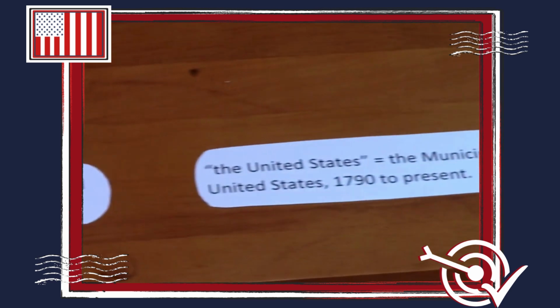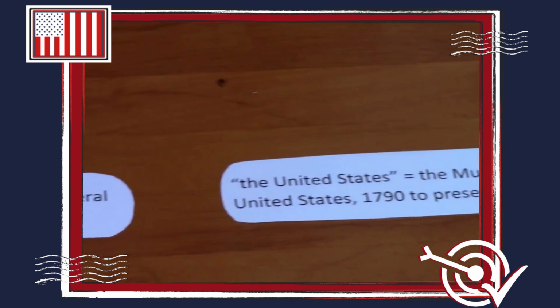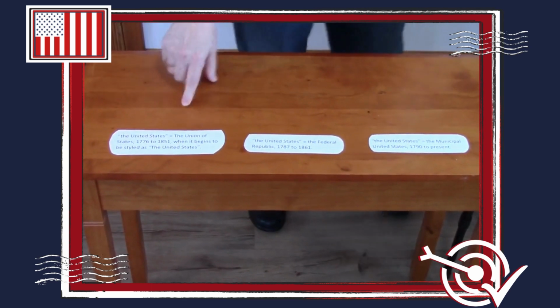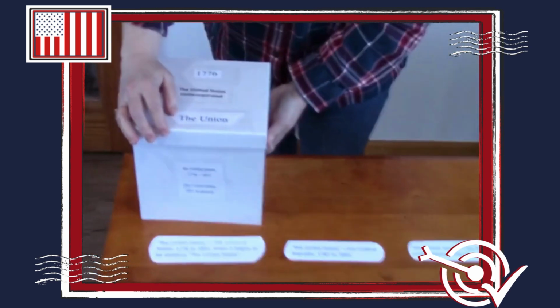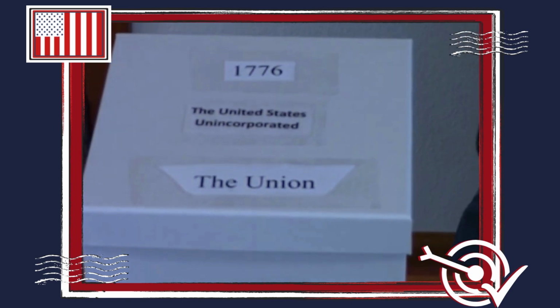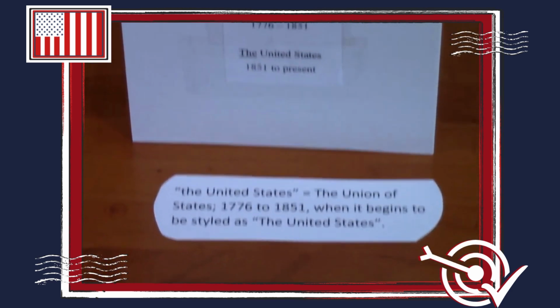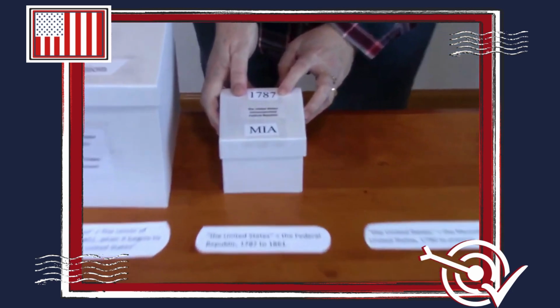So let me set that up for you so you can see exactly what they are. Let's see here, 1776 to 1851, the Union. The big kahuna here was called the United States. And then we had the Federation. It was also called the United States.